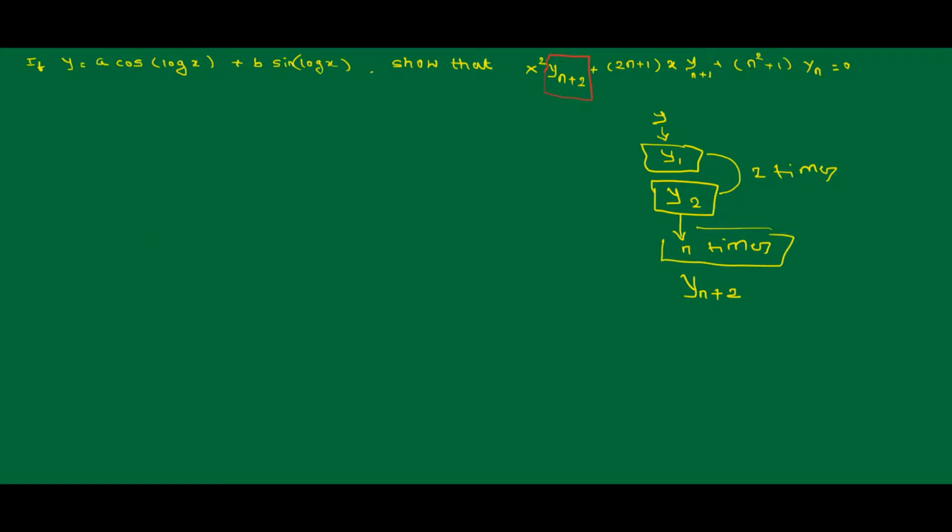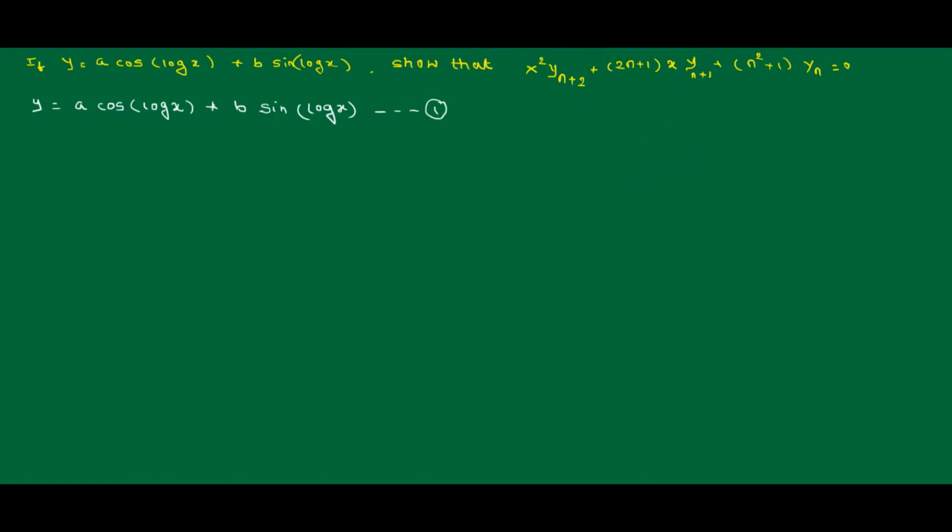So first I will write, let y is equal to a cos into bracket log x plus b sin into bracket log x, and say this is equation number 1. If you differentiate with respect to x, what we get here? Left hand side you will get y1.